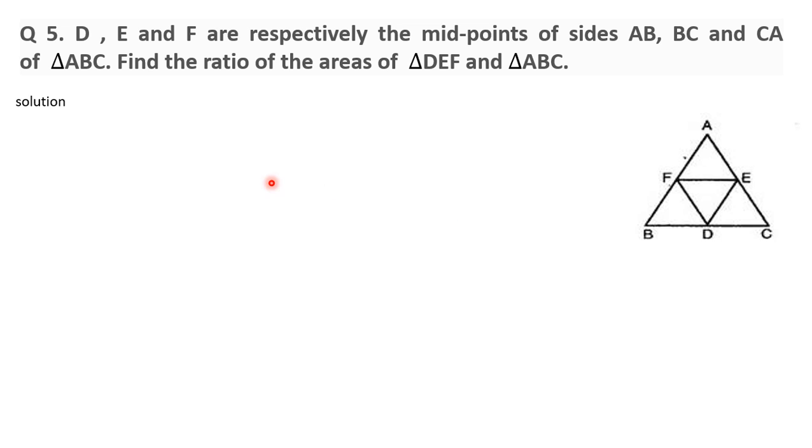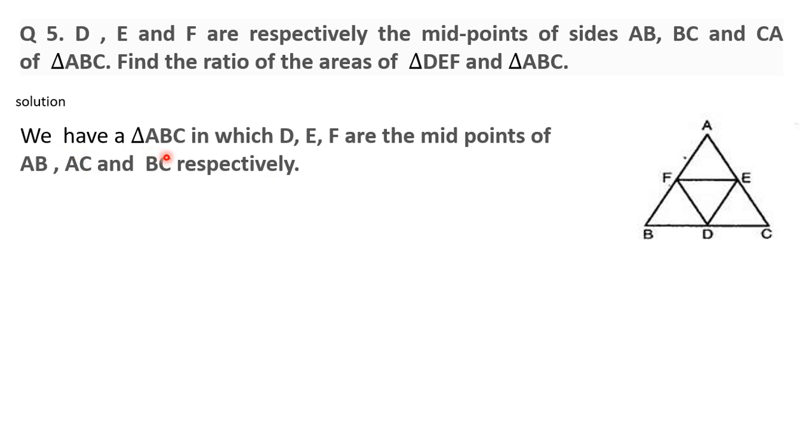So let's start this. We have given a triangle ABC, and D, E and F are the three midpoints of the sides AB, AC and BC. As we know that midpoints are there, that means the sides are divided into two equal parts. We have to remember this point.